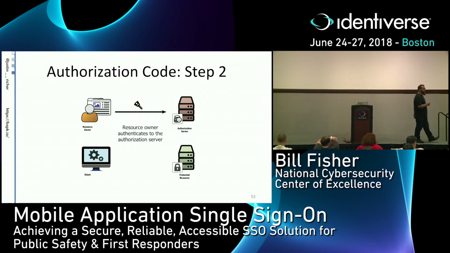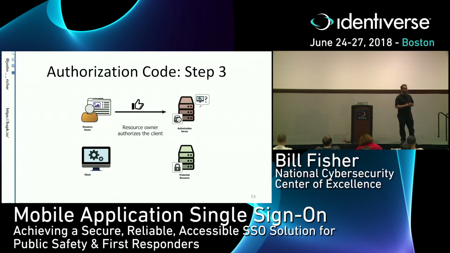The most important thing that you get back at the client is this thing called an authorization code. That authorization code represents the moment of the user being present and authenticated and having authorized the client's request. So the user can say, yes, you can have read access to my bank account.